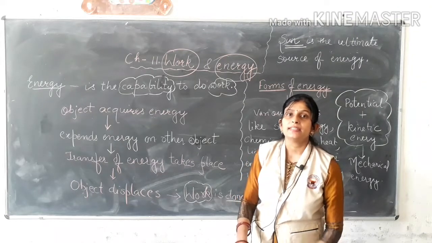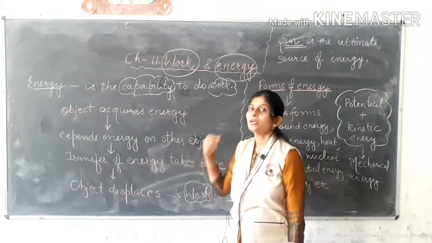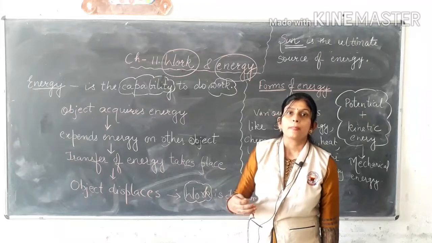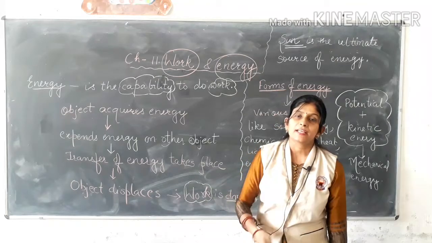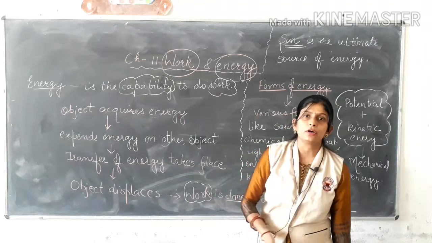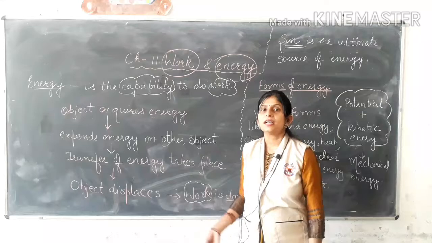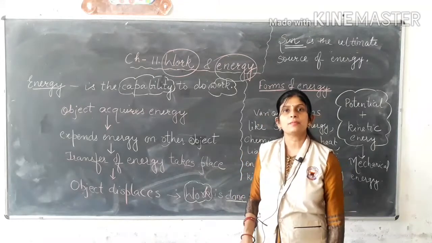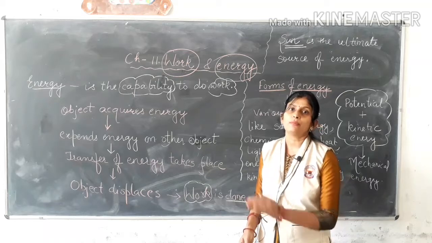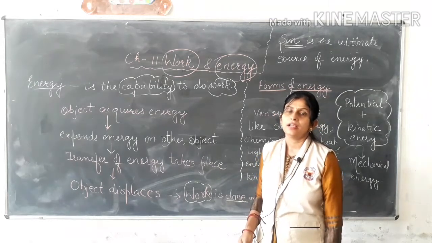In this way, they expend their energy on another object. Like the golf stick's energy is expended on the golf ball, the hammer's energy is expended on the iron nail. As a result, transfer of energy takes place from the first object to the second object, from golf stick to golf ball, from hammer to iron nail.